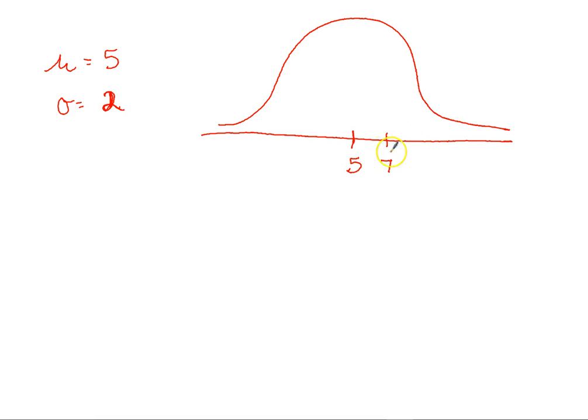So 5 plus 2 is 7. Add another standard deviation. 7 plus 2 is 9. And then add another one. 9 plus 2 is 11. And then you go back and do the other direction. 5 minus 2 is 3. 3 minus 2 is 1. And 1 minus 2 is negative 1. So this would be our mean, and then our standard deviations. This would be the normal curve that is shown.